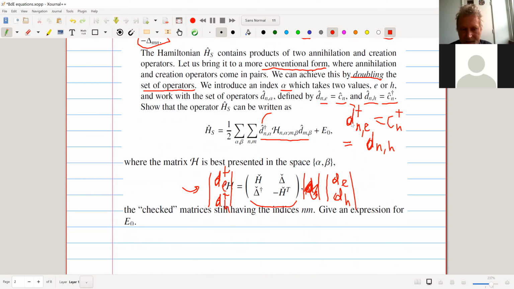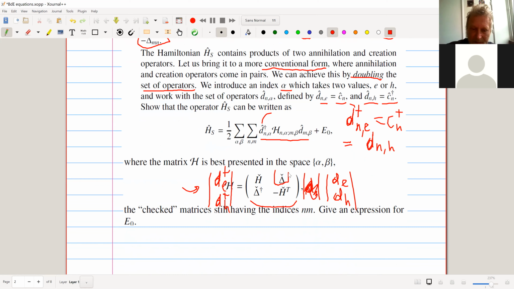Let me do it element by element. So, for instance, let me concentrate on the contribution of this element.